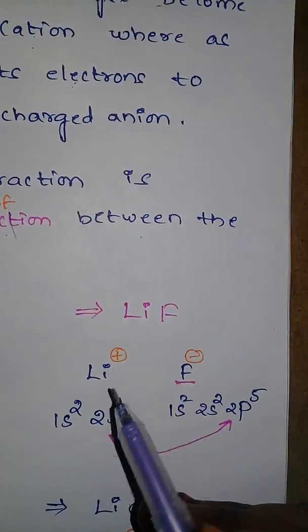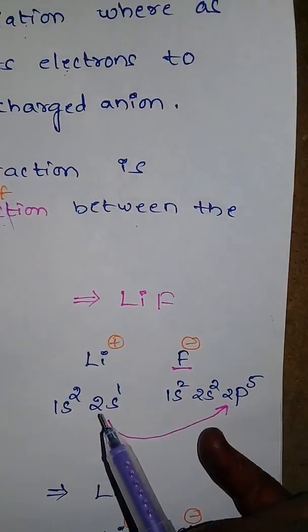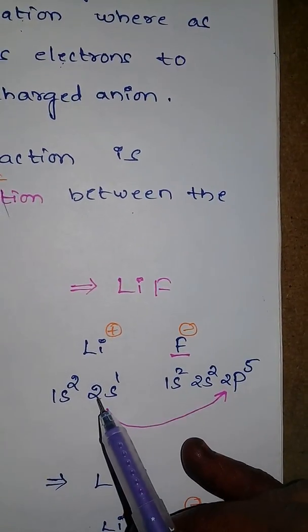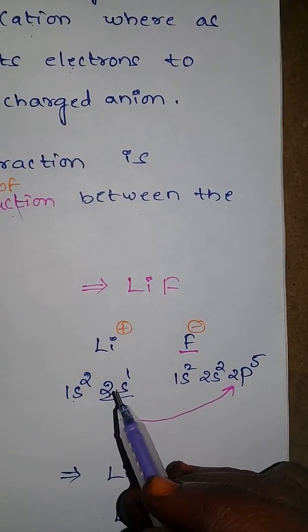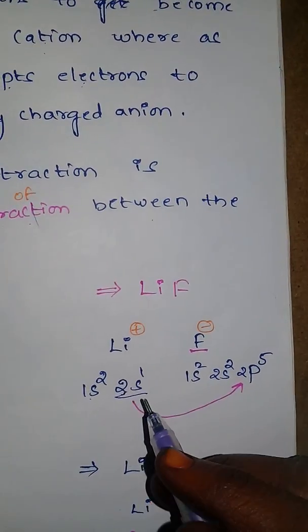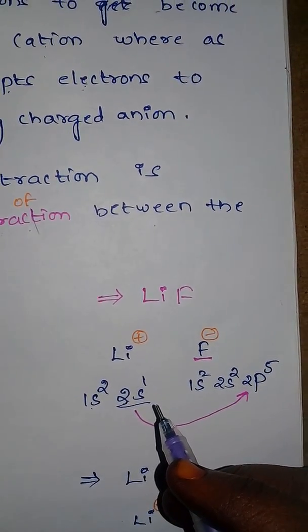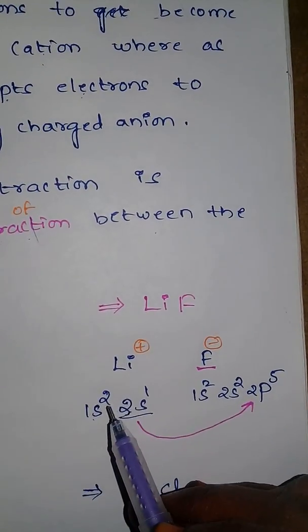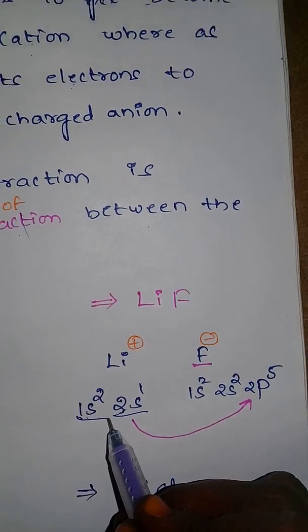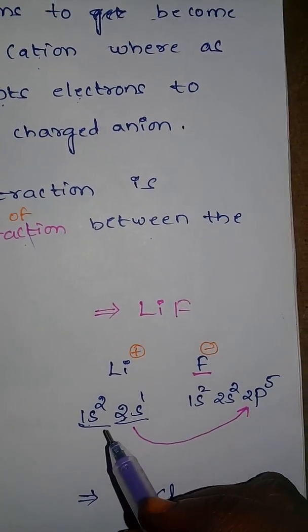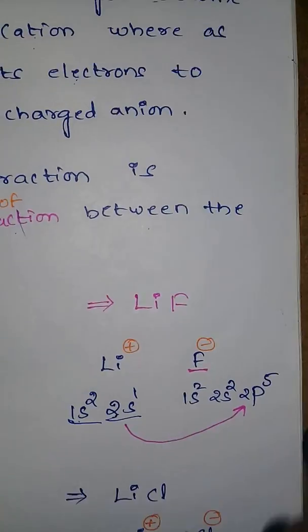Next, lithium fluoride. In lithium, electronic configuration is 1s2, 2s1, and fluorine is 2, 7. Noble gases have duplet or octet structure. Here lithium loses 1 electron and attains duplet structure, a stable configuration like noble gases.